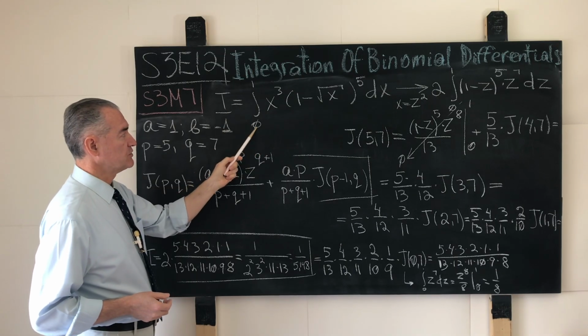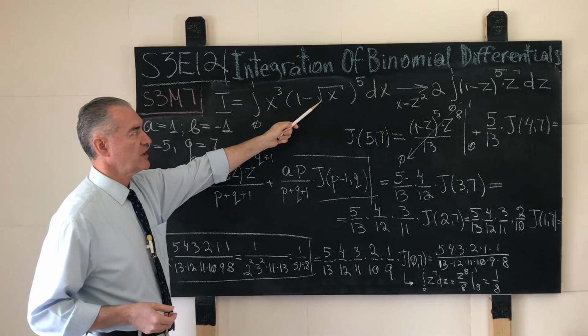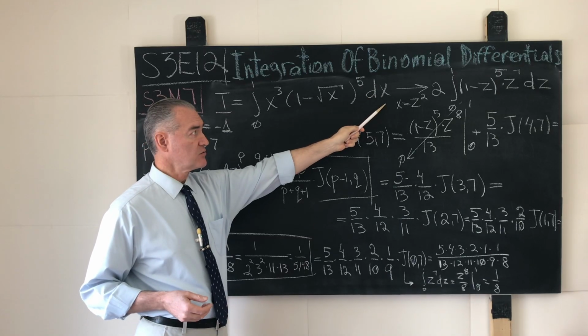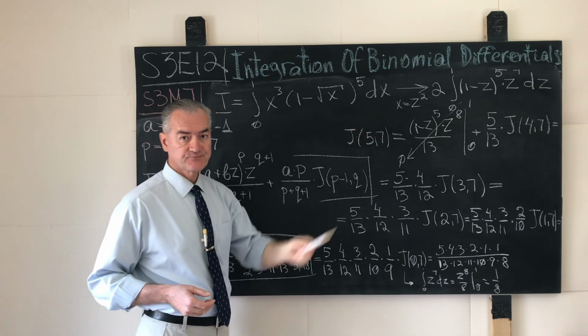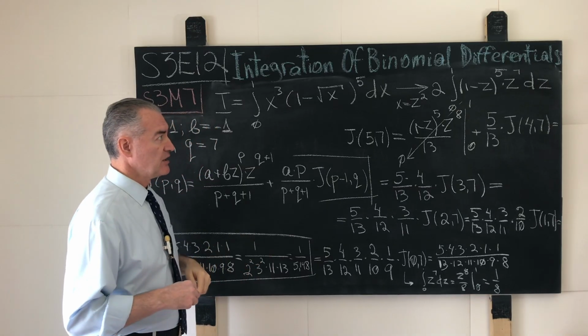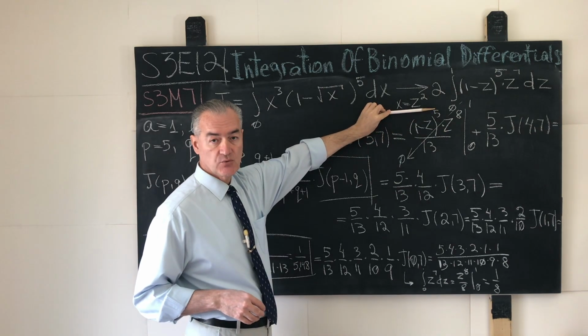The integral I from 0 to 1 of x cubed times (1 minus square root of x), the whole thing raised to the 5th power, with the integration carried out over the variable x. Again, this integral can be computed in a number of different ways, but here's one straightforward step. We replace x with z squared.